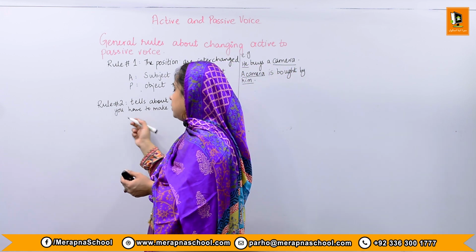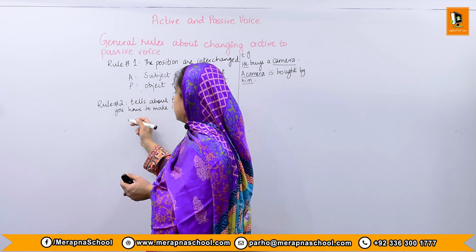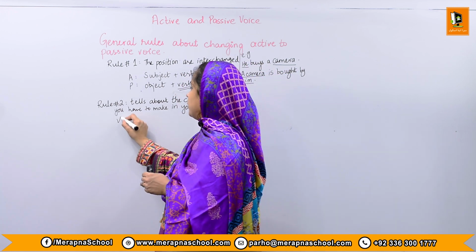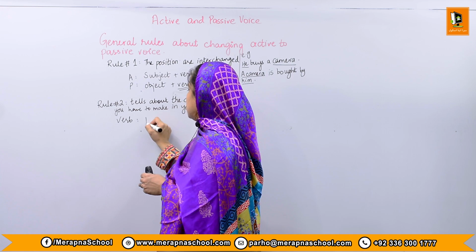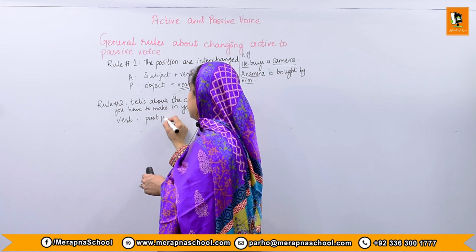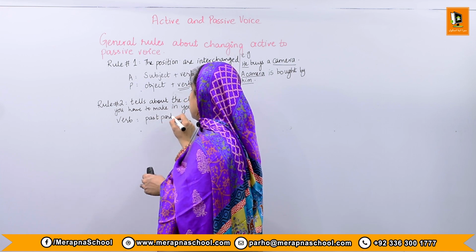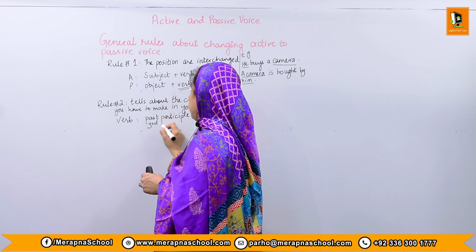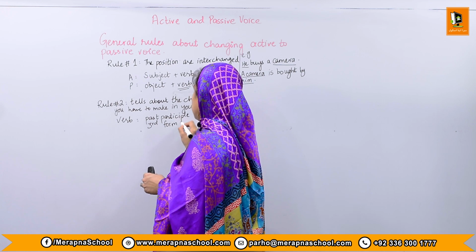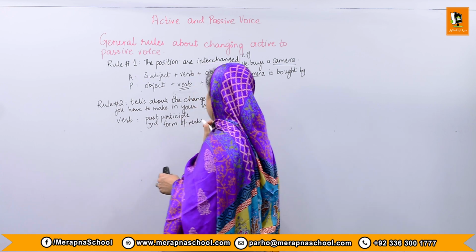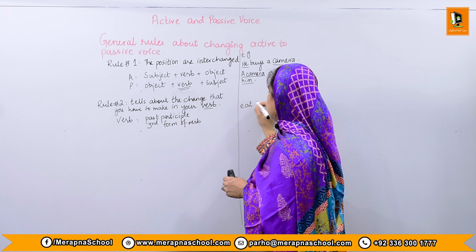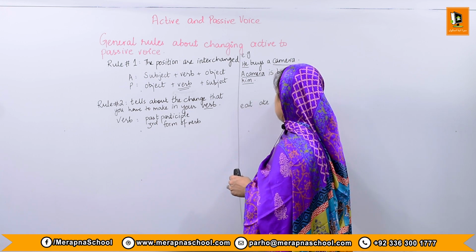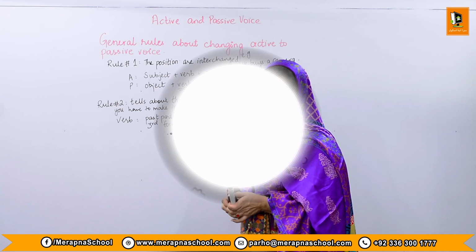You have to write down your past participle form, or, generally we call it, the third form of the verb. So your verb is actually changed into the past participle form. Like eat, ate, eaten. So we are going to use this as our verb.